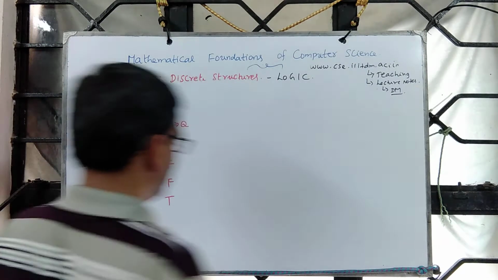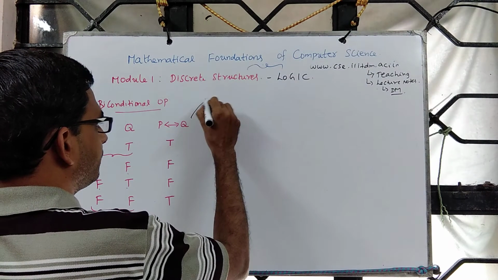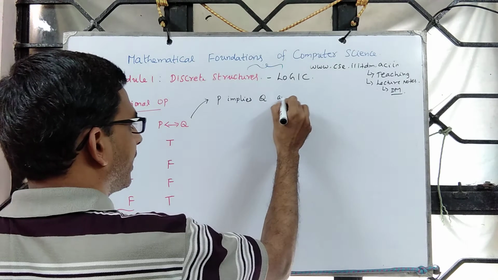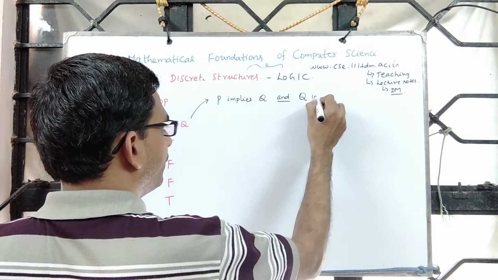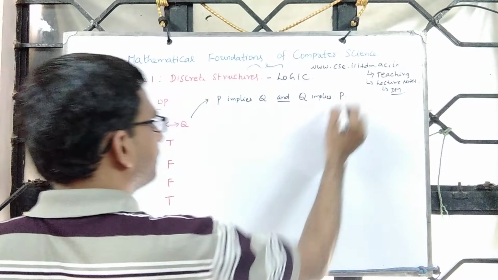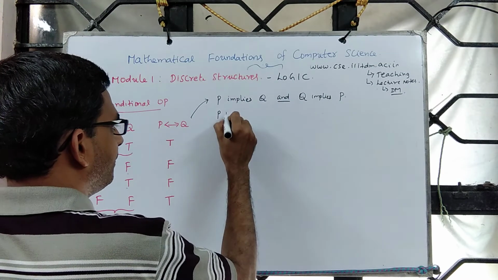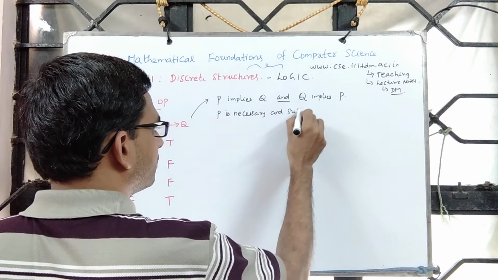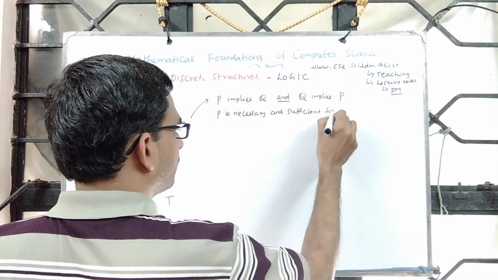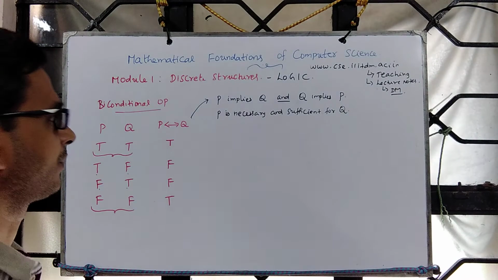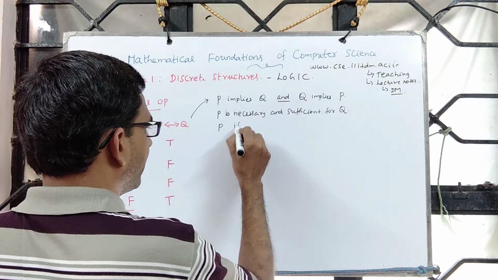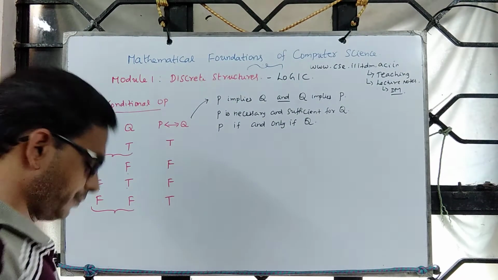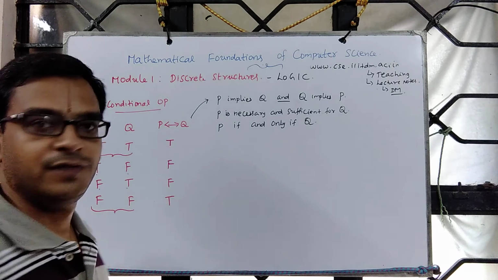So this statement also means this: P implies Q and Q implies P. P is necessary and sufficient for Q. P if and only if Q. They all mean one thing, which we shall verify now.